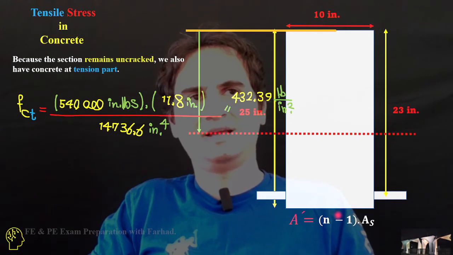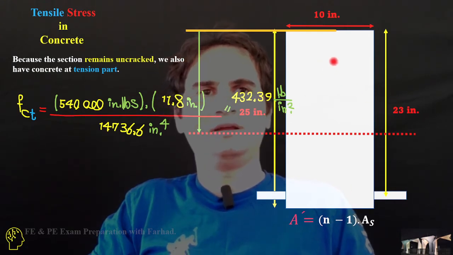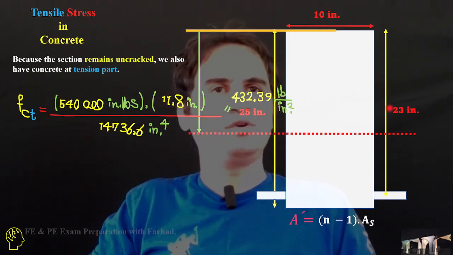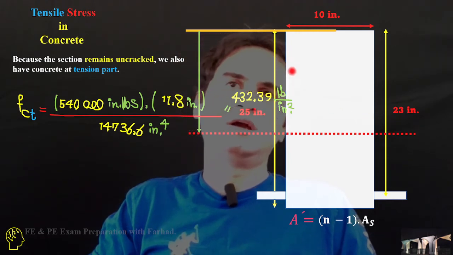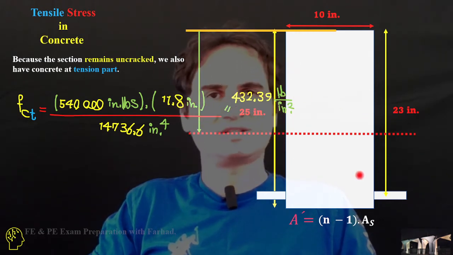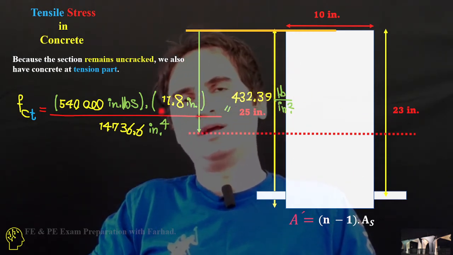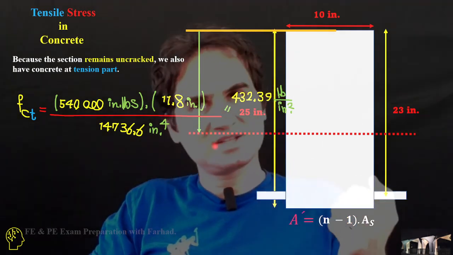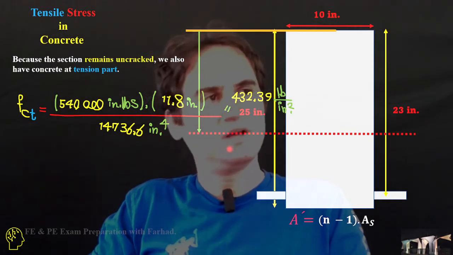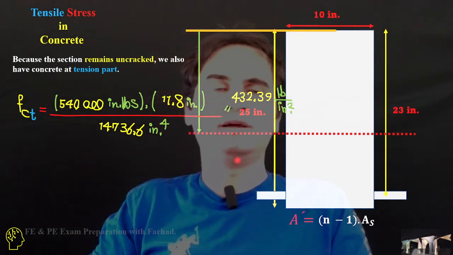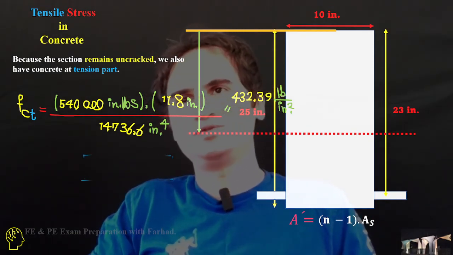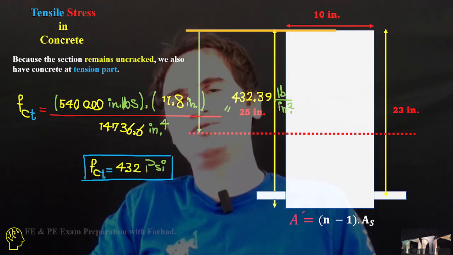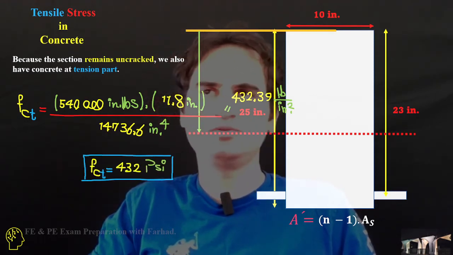If you subtract 13.2 from 25, it gives you 11.8, which is the distance for the tensile concrete, and that gives you FCT equal to 432 psi.